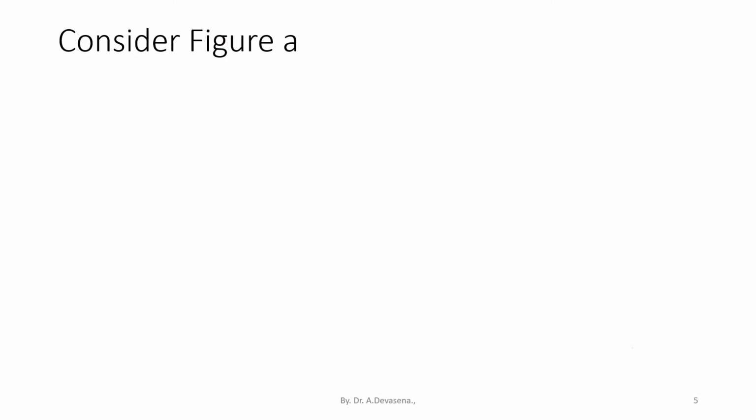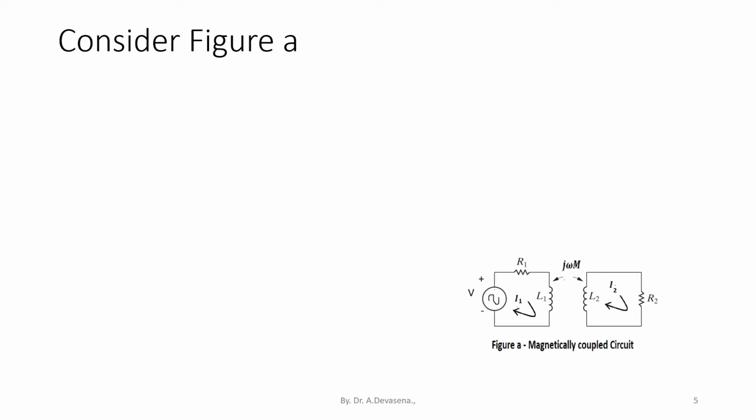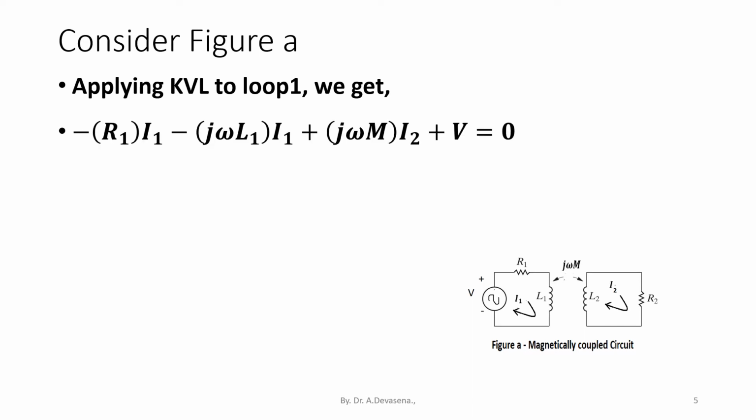Applying Kirchhoff's voltage law to loop 1, we get minus (R1) I1 minus (j omega L1) I1 plus (j omega M) I2 plus V is equal to 0.